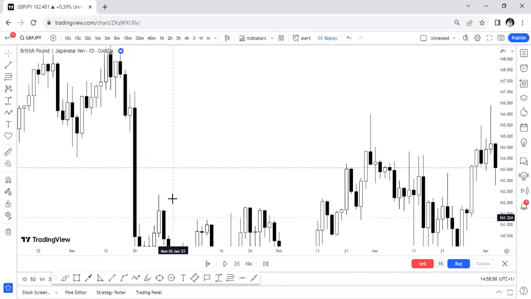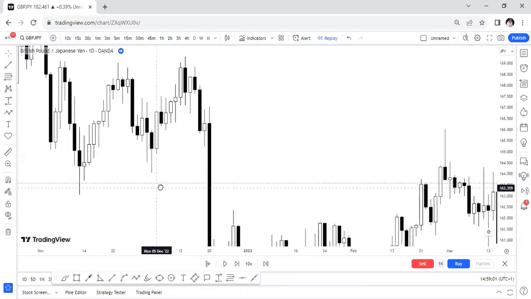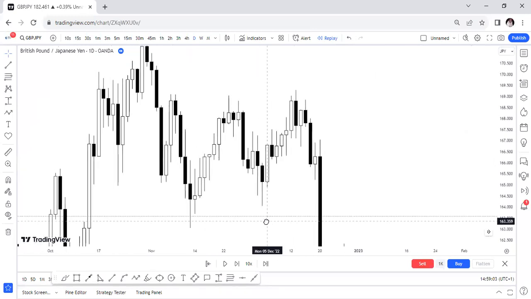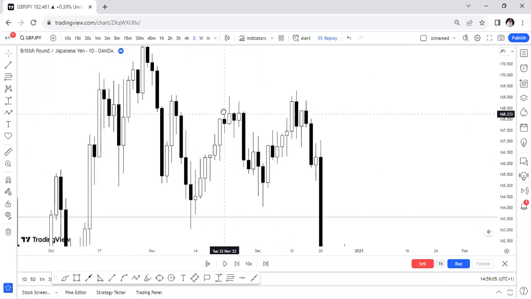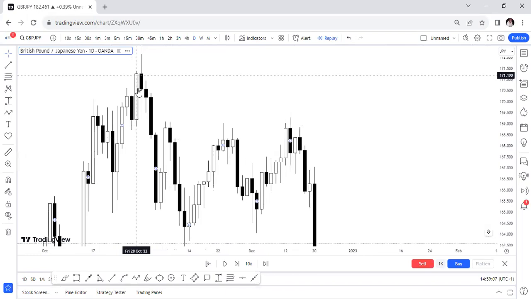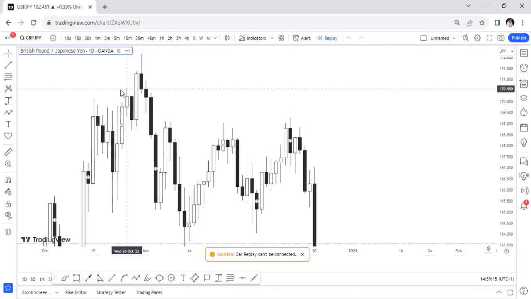So take note of how you recognize the pattern. It's an engulfing pattern. You see it? That consumes the entire range of this bullish engulfing. So you see a failed engulfing pattern here.